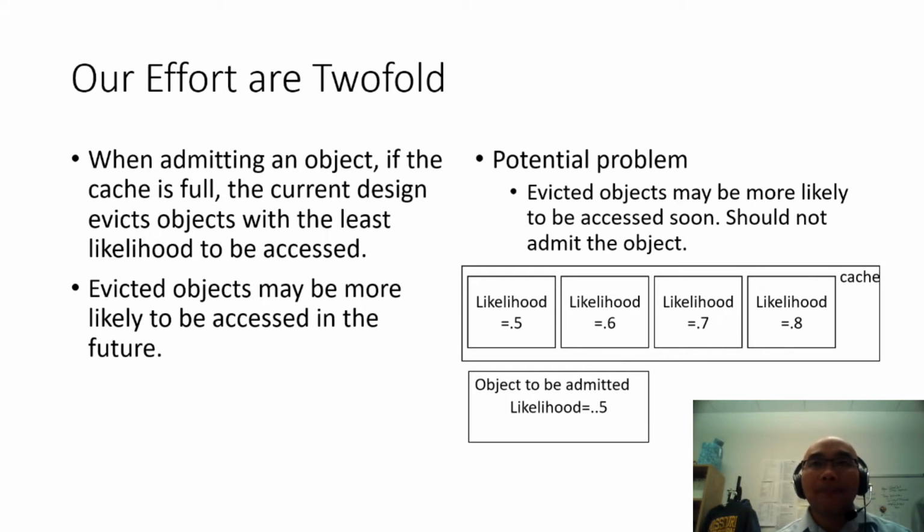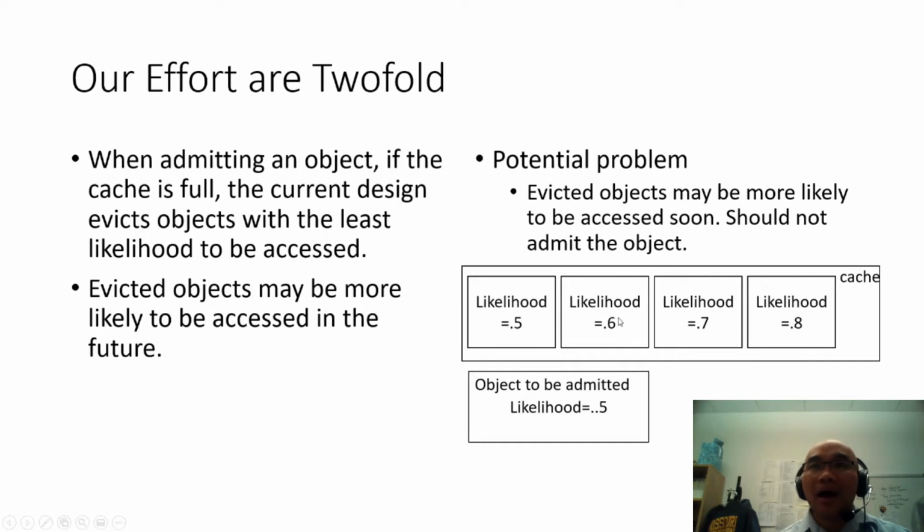For example, in this case, this is a new object, and because the likelihood is at least 0.5, LFO would admit this object. And now the cache is full. There's no room for this new object. So LFO is going to evict the objects that are the least likely to be accessed.